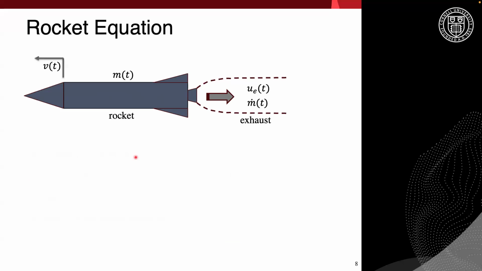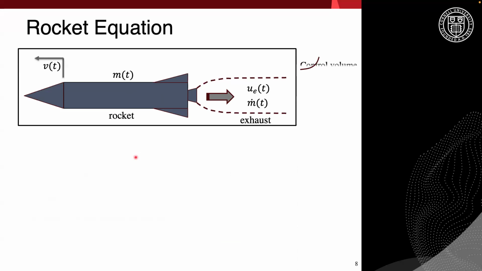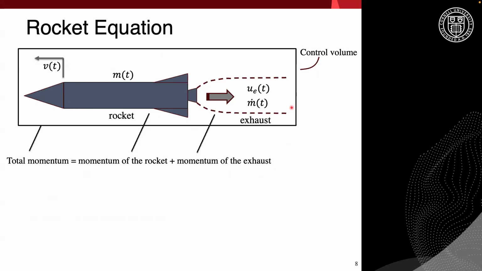So now we will try to derive the rocket equation. And for this, we need to define a control volume. So we define a control volume that encompasses both the rocket itself and the exhaust gas. And then we compute the total momentum of this control volume, which is equal to the momentum of the rocket plus the momentum of the exhaust gas.